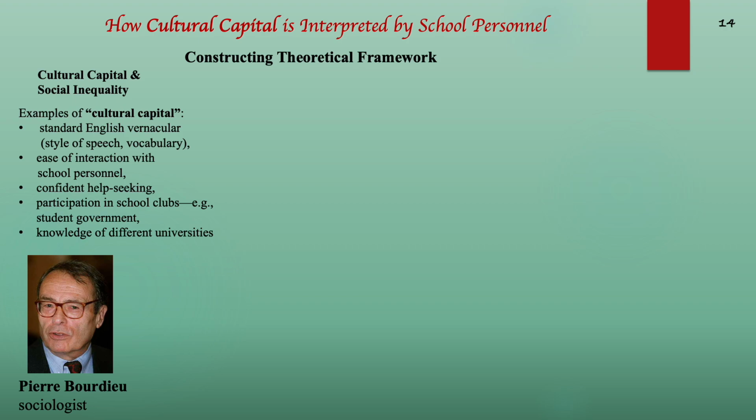Bourdieu's theory of cultural capital is about how dominant group members signal to each other about who is an insider and who is an outsider. And they do this through cultural and social linguistic cues. Being identified as an insider comes with privileges, opportunities, and shared resources.